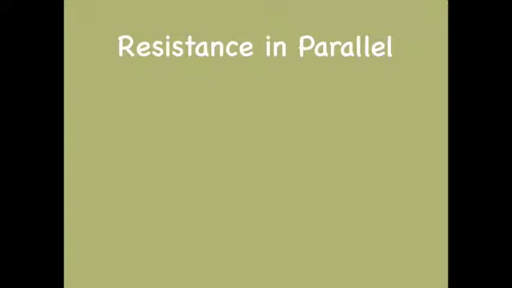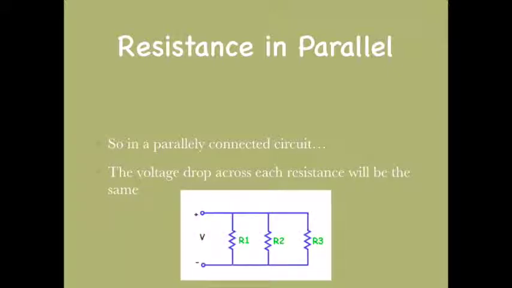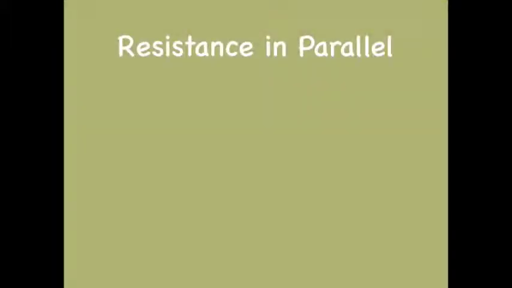So in any parallelly connected circuit, the voltage across all the resistors will be the same. So by Ohm's law, the current will be different across each of the resistors.